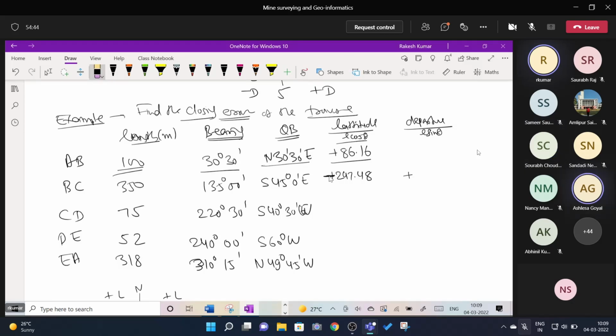So minus 57.03. Minus 57.03. What about next?